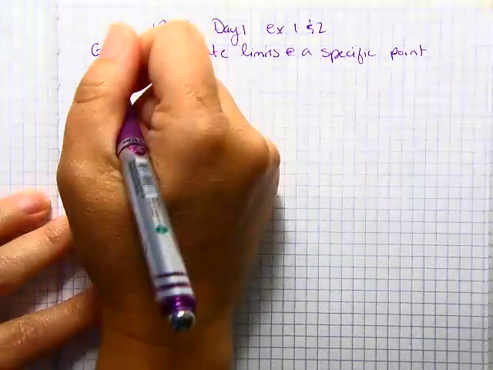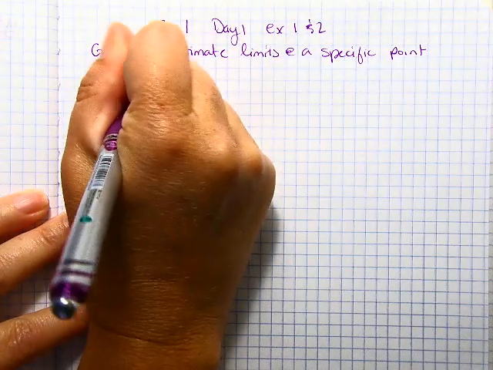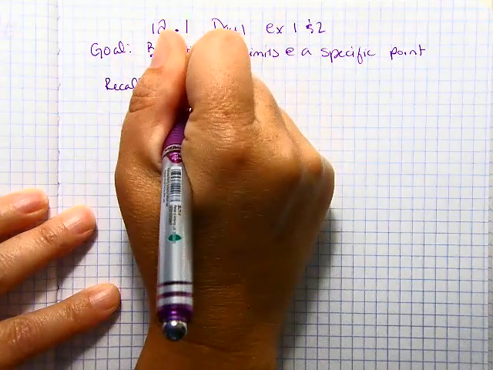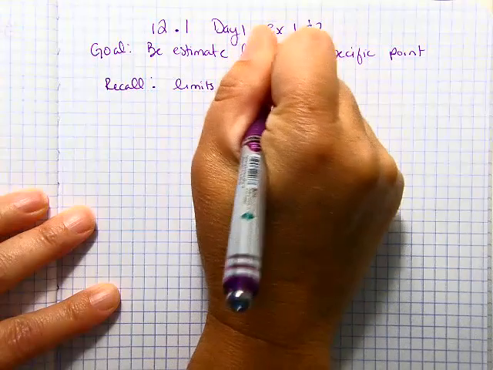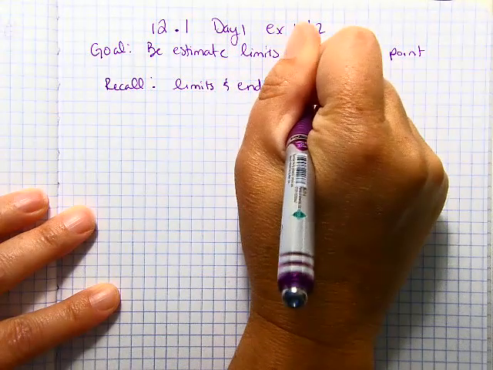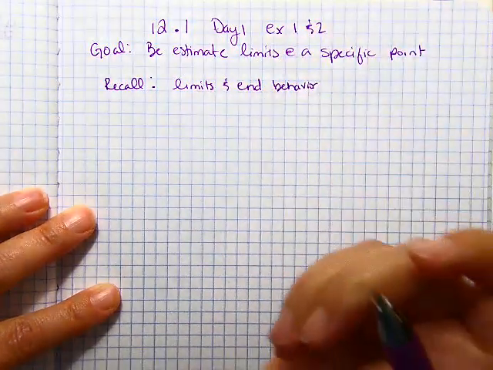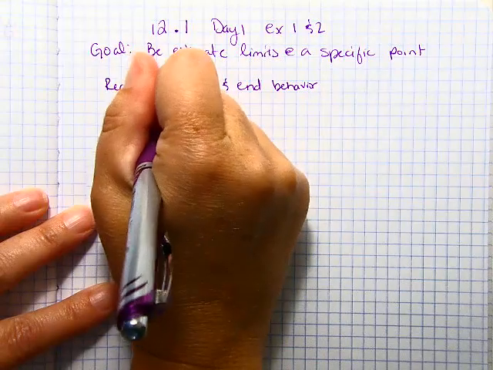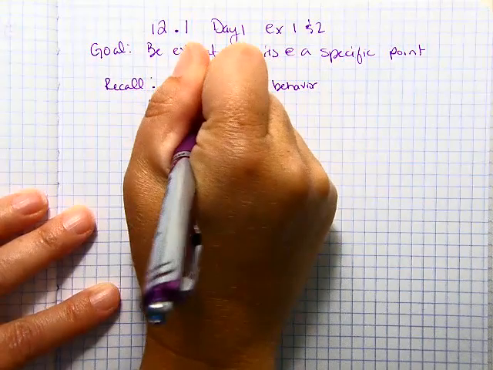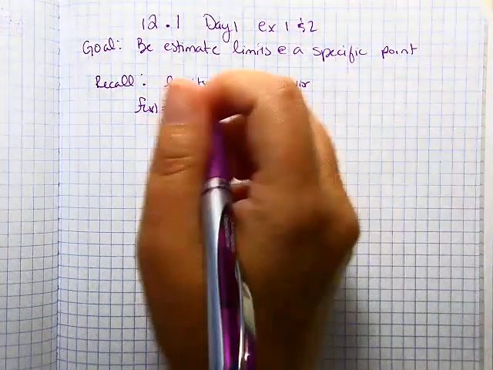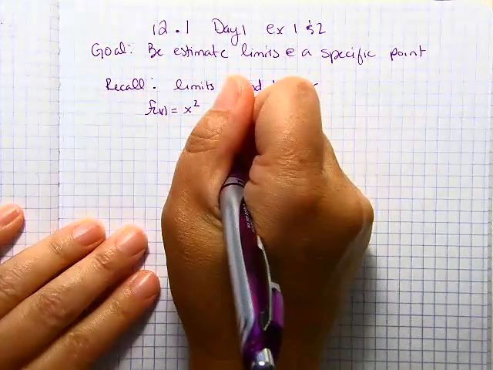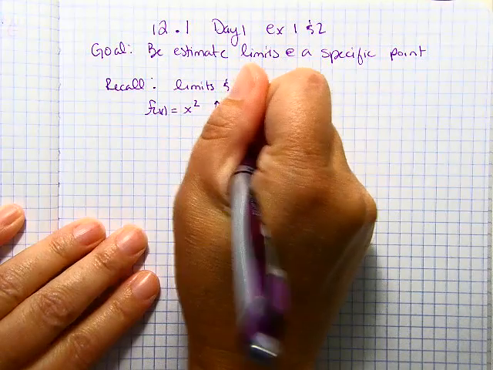So if you will recall, we have limits and end behavior. And we did a bunch of that in chapter 1 and 2. If we had an equation, looking at the end behavior of f of x equals x squared, where does that go? As it goes to positive and negative infinity, it looks like that.